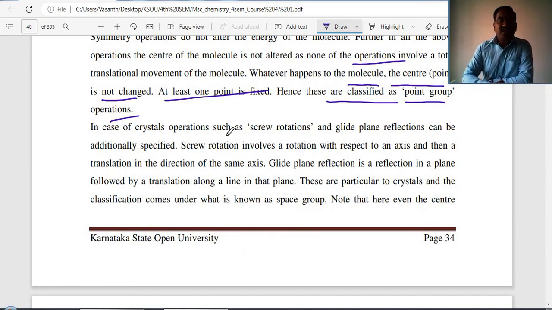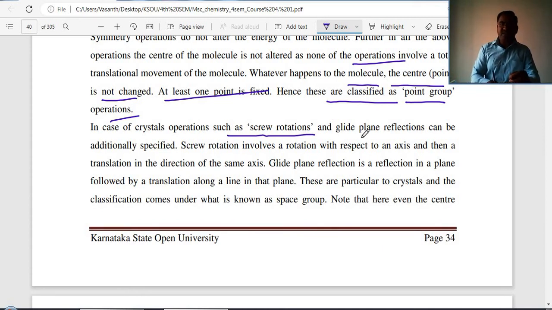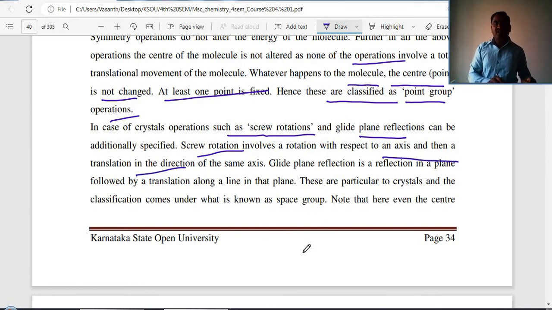In the case of crystals, operations such as screw rotations and glide plane reflections can additionally be specified. Screw rotation involves a rotation with respect to an axis and then a translation in the direction of the same axis.